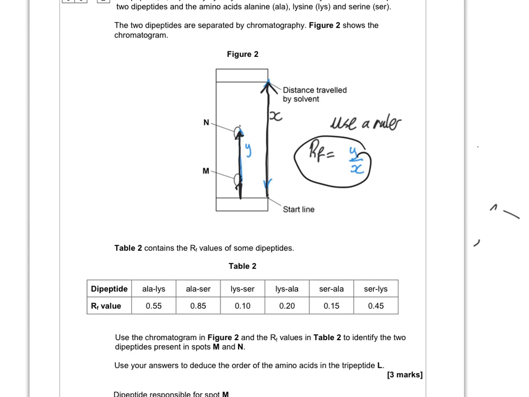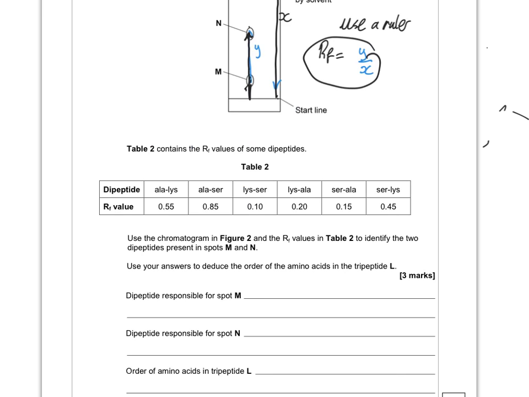So the first spot corresponded to the dipeptide Ser-Ala. It had an Rf value of approximately 0.15, and therefore your dipeptide was Ser-Ala.